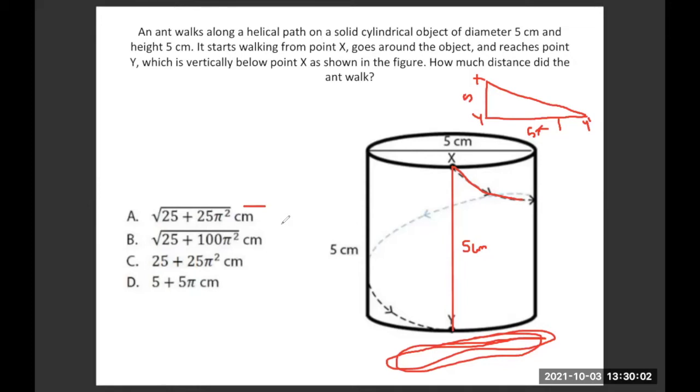You have to break that geometry into simple shapes. So if I cut along that path and open that thing, what I will get is a triangle, and this path is the one I have to find the length of. The base is the circumference of the circle base, and the vertical is 5. That's why you have to break these complex figures into simple geometrical shapes.